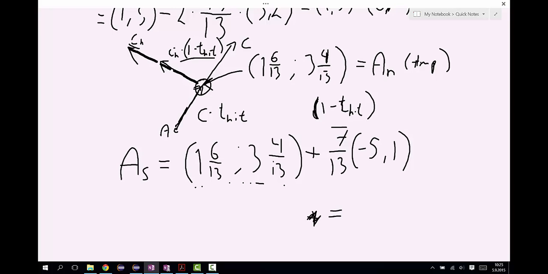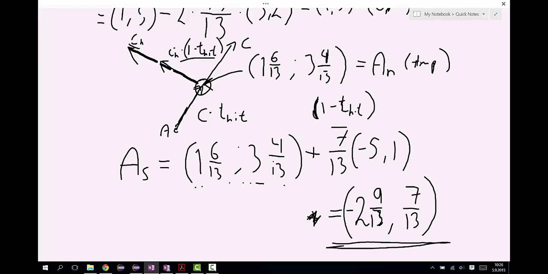So we have 35 by 13, which is 13 would give us 39, so it's minus 2, it's 26, so there's 9 off of that, minus 2 and 9/13, and 7 by 13.